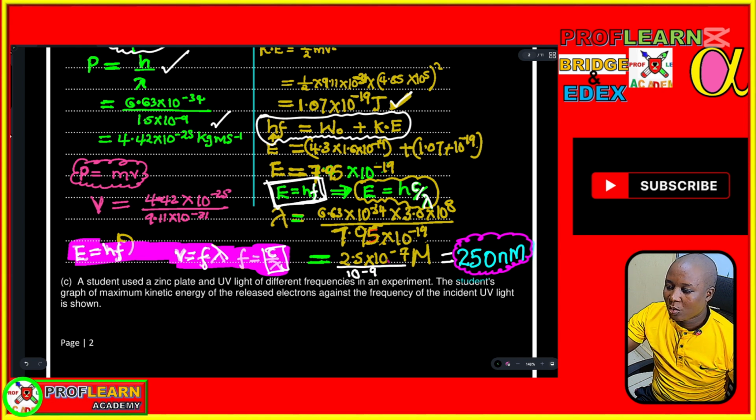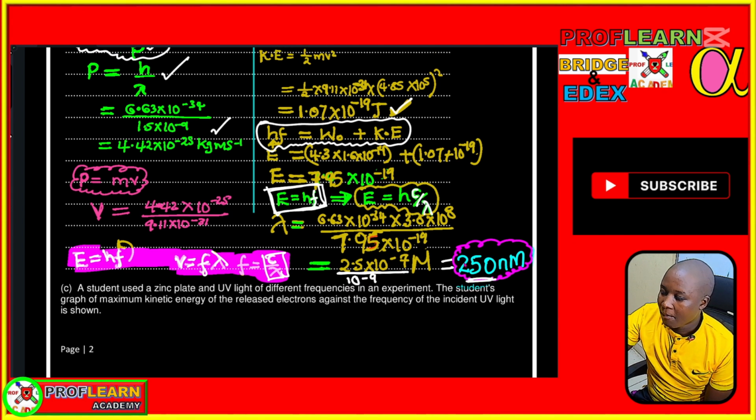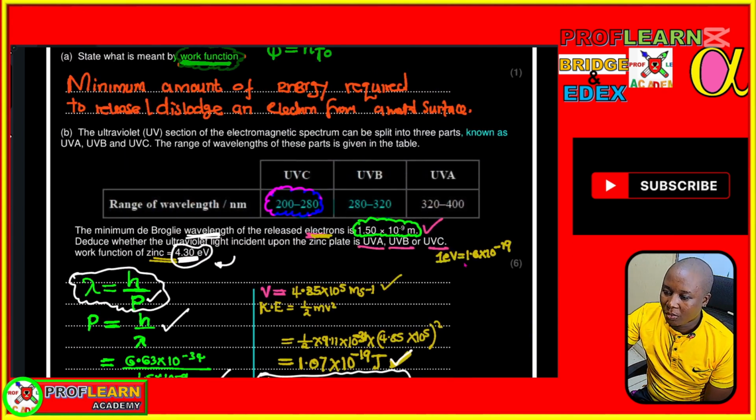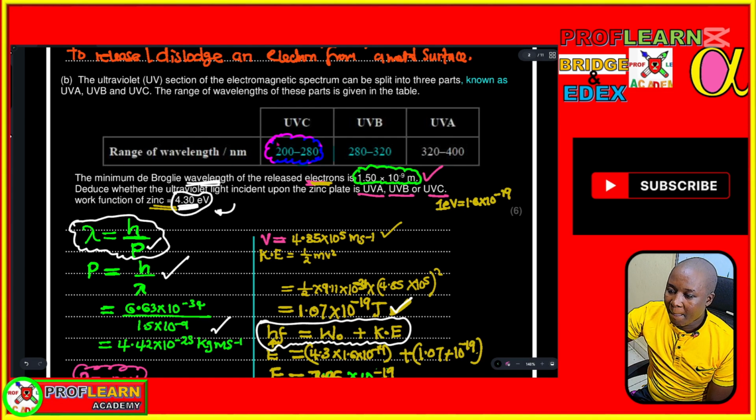Then if I want to convert this to nanometers, I'll divide the value I've gotten here by 10 raised to power negative 9, and that becomes 250 nanometers. So once you have this 250 nanometers, you need to go back to the table and check where 250 nanometers falls.